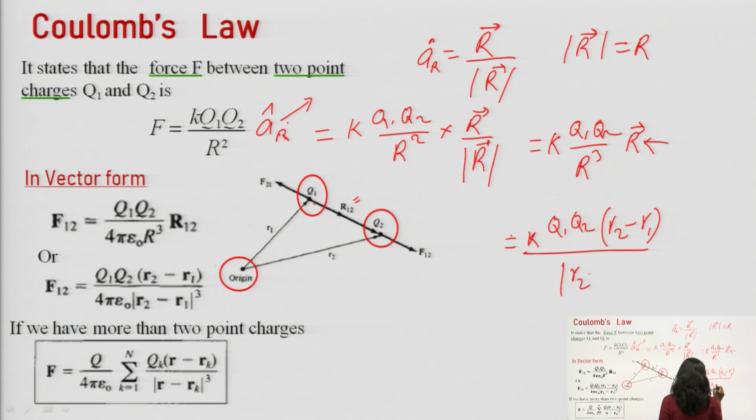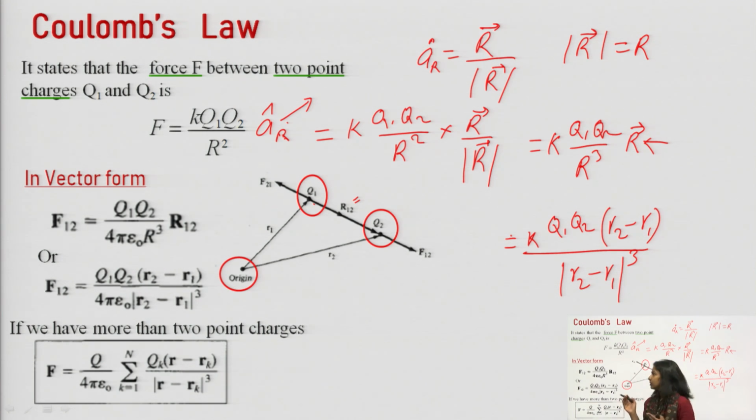So this is the cube of r2 minus r1. Now this is the formula for force between two charges in terms of position vector.